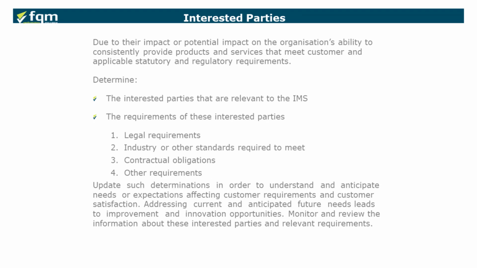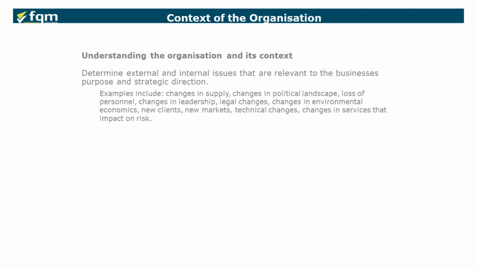And also when we think about the needs and expectations of interested parties, we have to understand what information they would expect to receive, what would we expect to present to them if something changes. So could it be specification requirements? Could it be performance information? Could it be issues associated to delivery of a project, of a product?